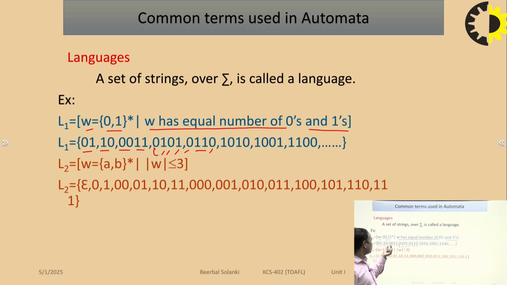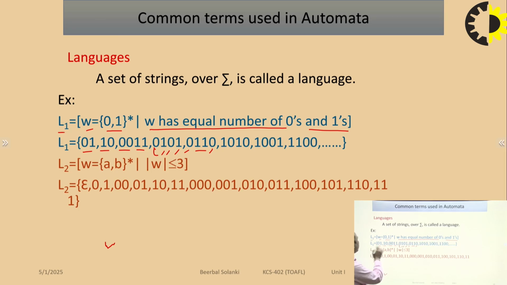If the number of 0s is 2, then the number of 1s is also 2. If the number of 1s is 3, then the number of 0s is 3 also.